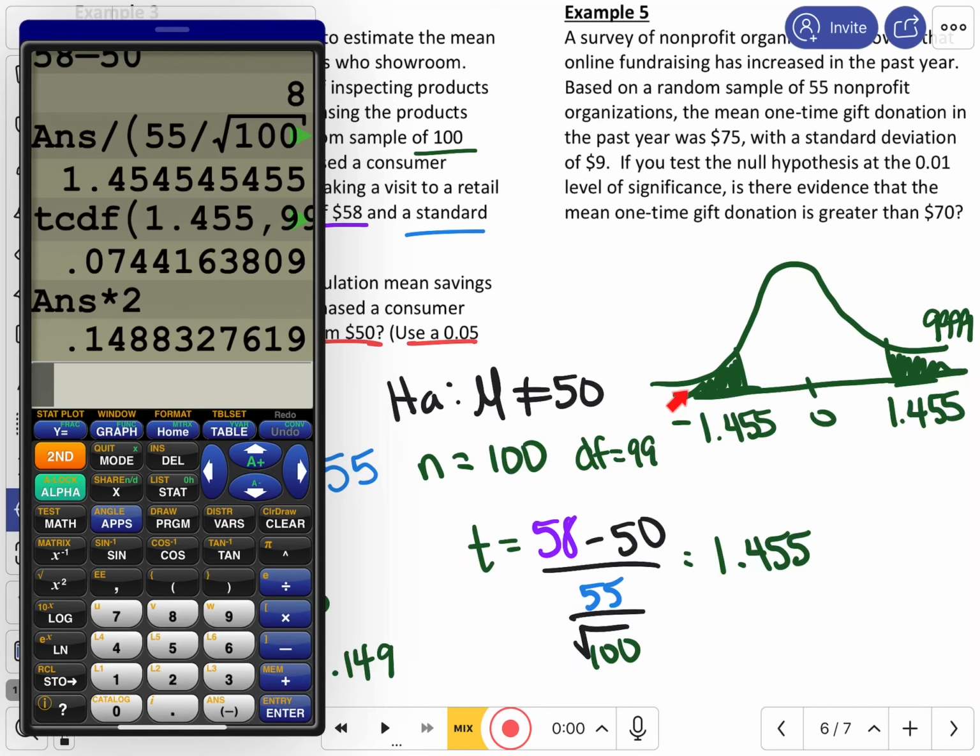And when the p-value is greater than the alpha value, we fail to reject. Why are we failing to reject? Because there is not enough evidence to support the alternative claim.